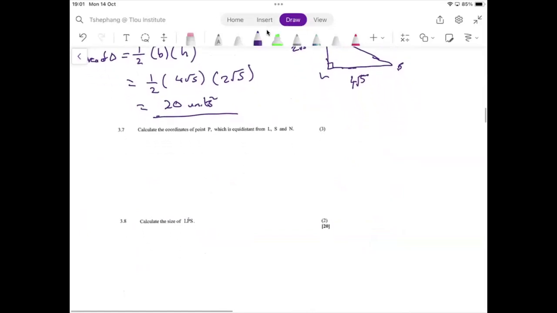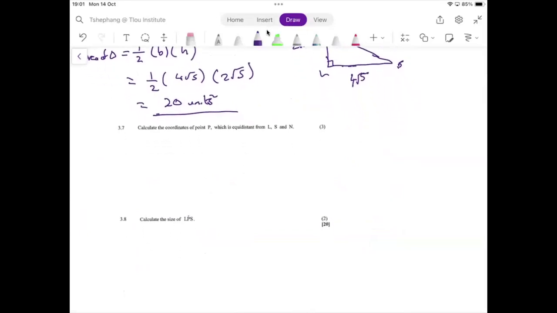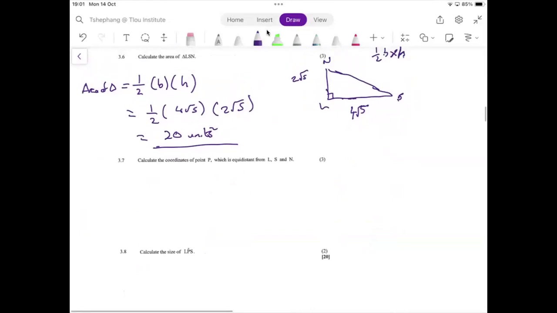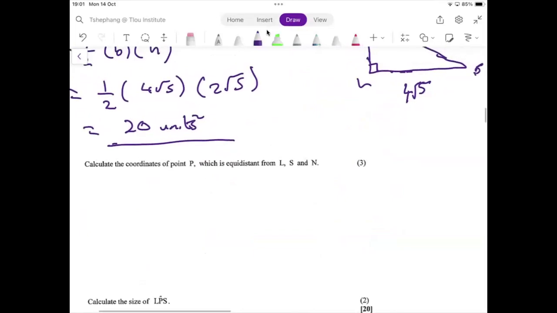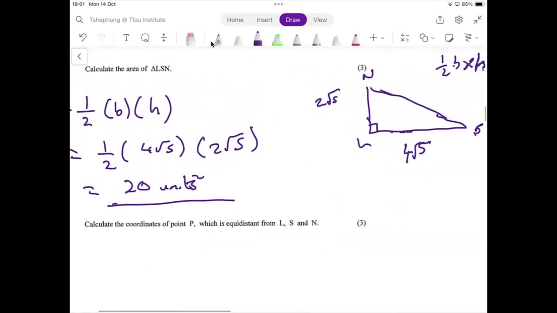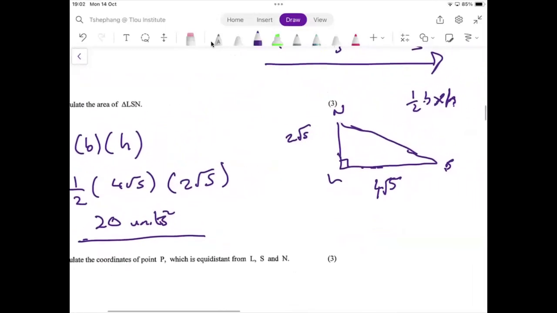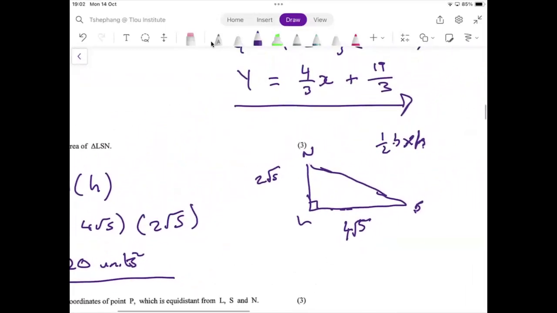Okay, moving on, I'm just checking our time there. Calculate the coordinate of P, which is equidistant from L, S, and N. Okay, so equidistant means that for us to get to P, maybe P is somewhere here.